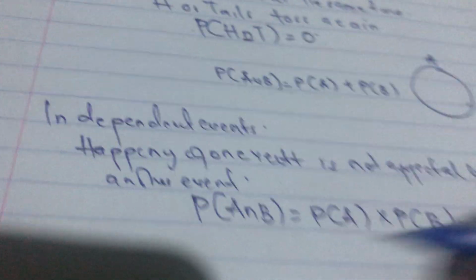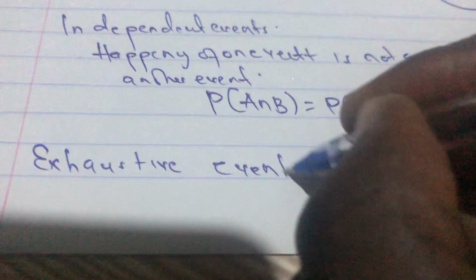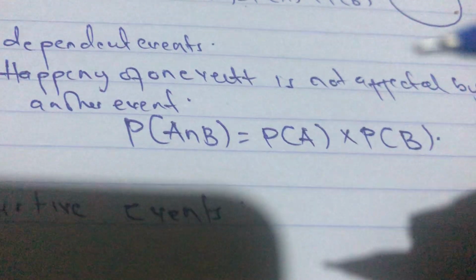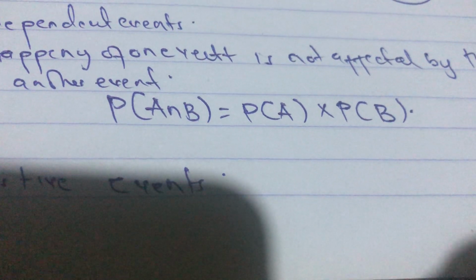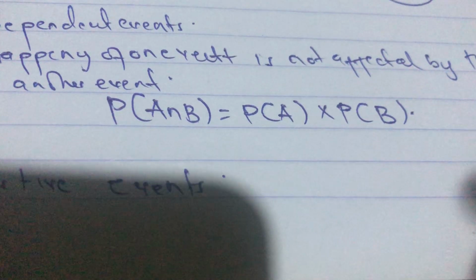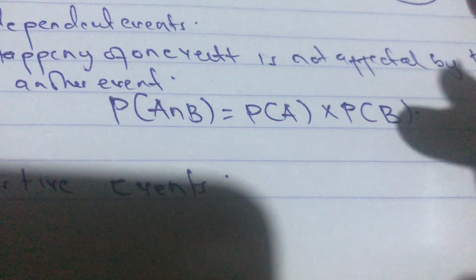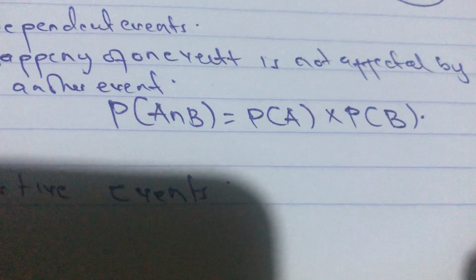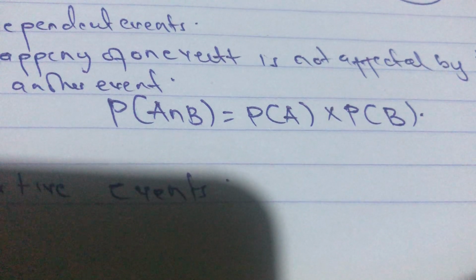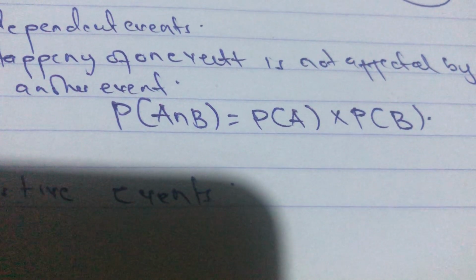Then lastly, we have what we call exhaustive events. Exhaustive events mean that all possible outcomes of an event are known. Are we together? For example, if I throw a dice, I can get a 1, a 2, up to a 6.